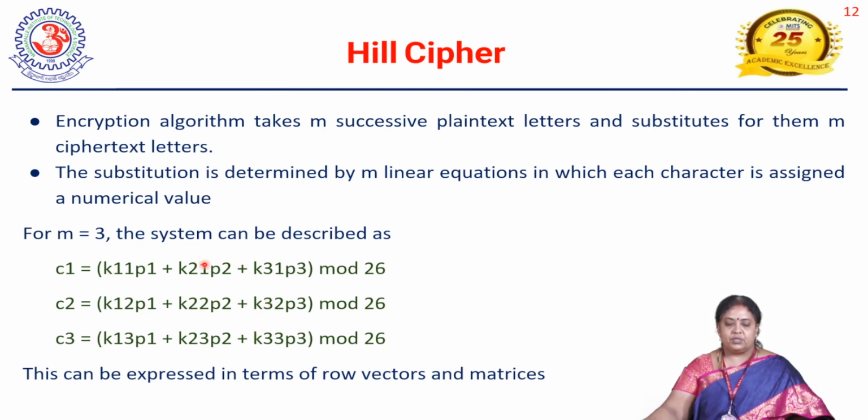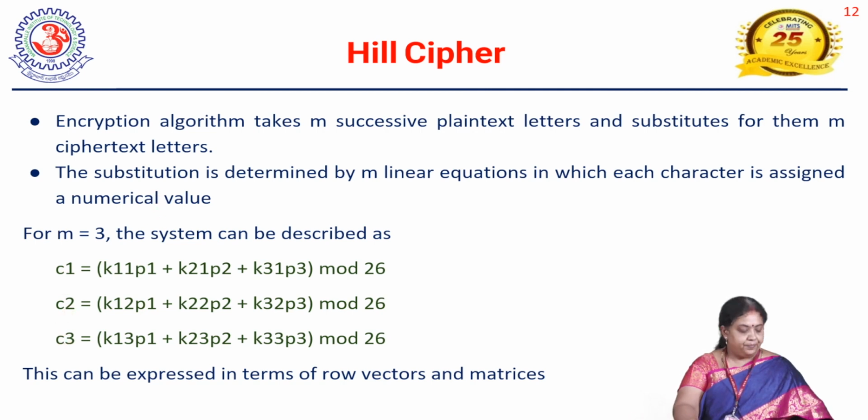We are going to substitute 3 plain text letters with 3 ciphertext letters. So how can the ciphertext be obtained? C1 equals K11 into P1 plus K21 into P2 plus and so on; you have to perform matrix multiplication, mod 26. Like that we can get the ciphertext C1, C2 and C3.